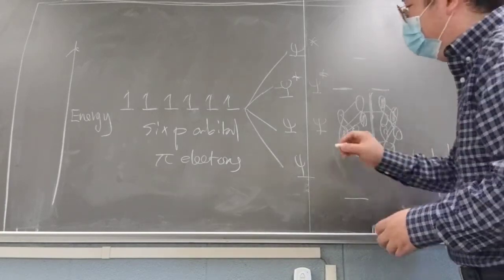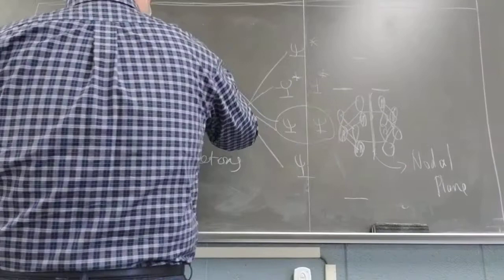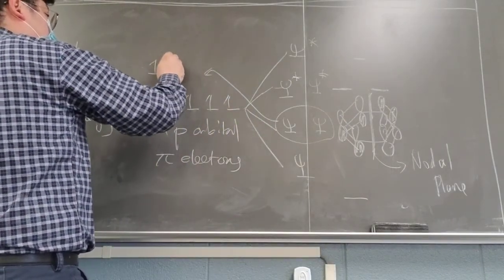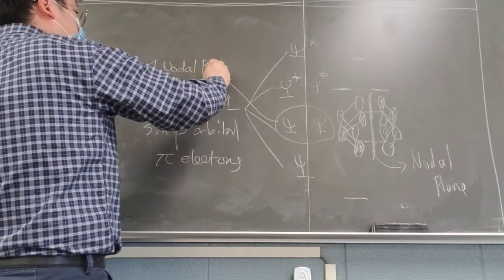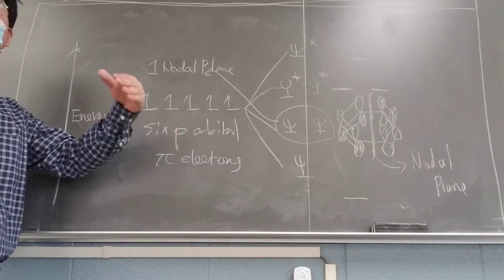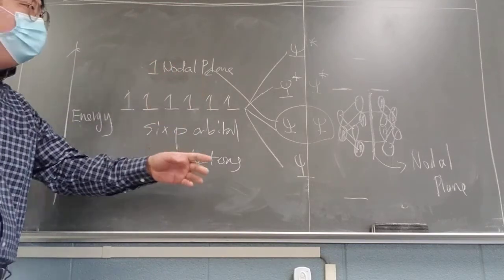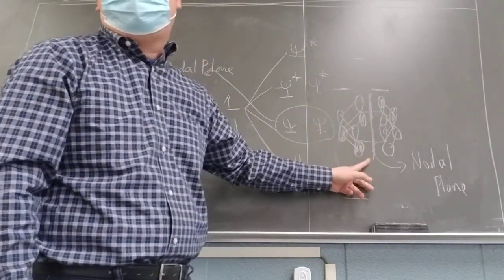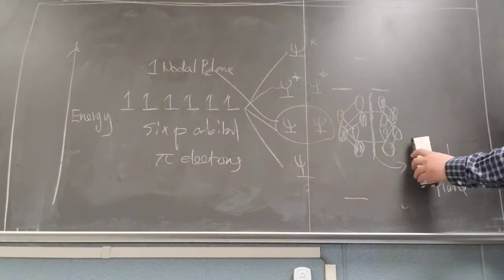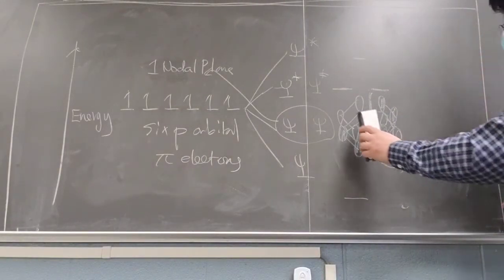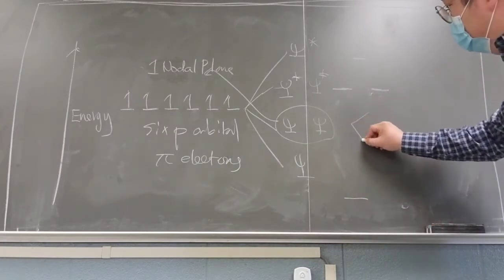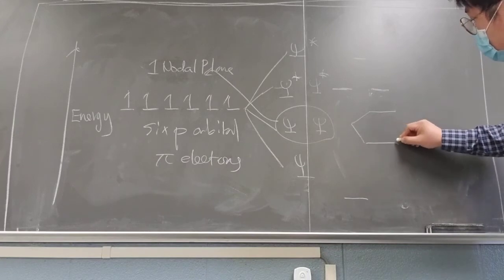Those two only have one nodal plane. Obviously fewer nodal planes is better for bonding, and if there are more, it's not good for the bonding, because this is where you can find no electrons. So this is the second best one, with only one node. There's one tricky one. I'm gonna tell you that it is this one.